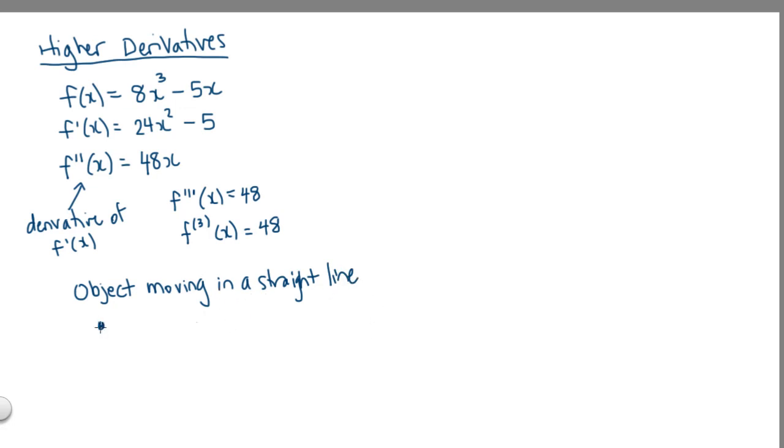So starting at this position, and it can move along this line, either in a forwards or backwards direction. So let's let s of t represent the displacement of this object after t seconds. Okay, and that displacement will be measured in meters.